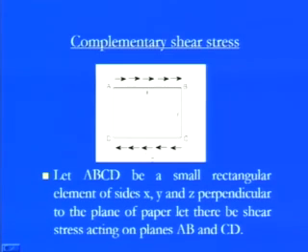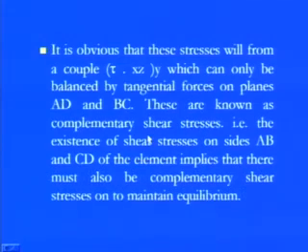But if we want to maintain equilibrium, then we need equal and opposite stresses at the two faces, AD and CB, exactly equal and opposite to the applied shear stress sigma. It is obvious that these stresses will form a couple, and the couple magnitude is tau into xz, that is the force, into y.